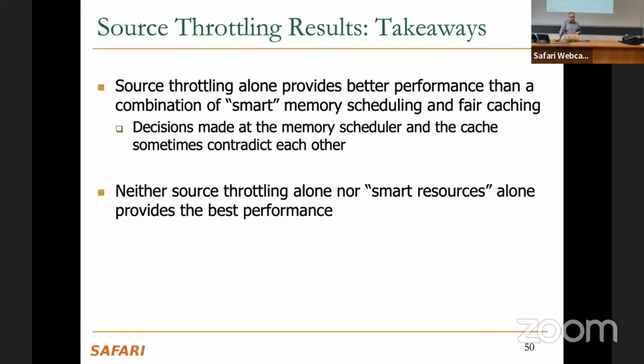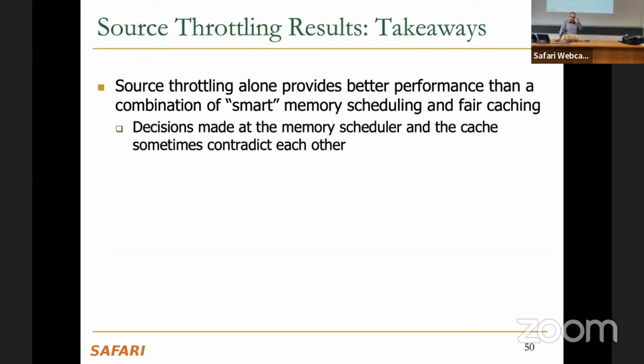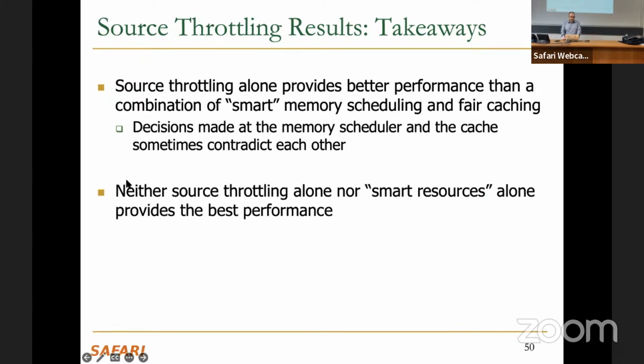Okay, so let's conclude with some takeaways about source throttling. Source throttling alone provides better performance than a combination of smart memory scheduling and fair caching. This is good. And neither source throttling alone nor smart resources alone provides the best performance. When we talk about smart resources, we consider scheduling techniques: once you have a shared resource, you also try to schedule that resource in a smart way such that you can avoid interference.